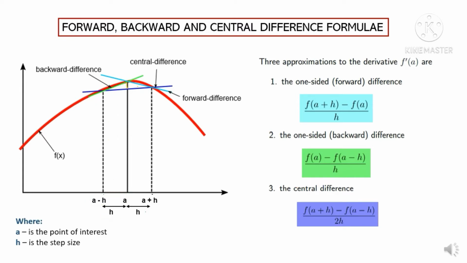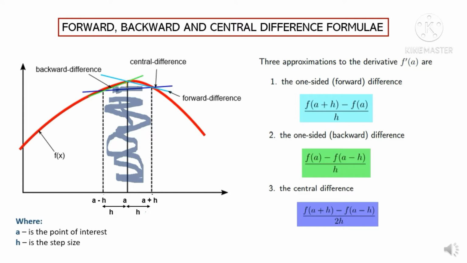The last one is the central difference. Central difference is the combination of the forward and the backward difference. Here in the graph, as you can see, it covers both the backward and the forward difference, so it is a combination of the two.